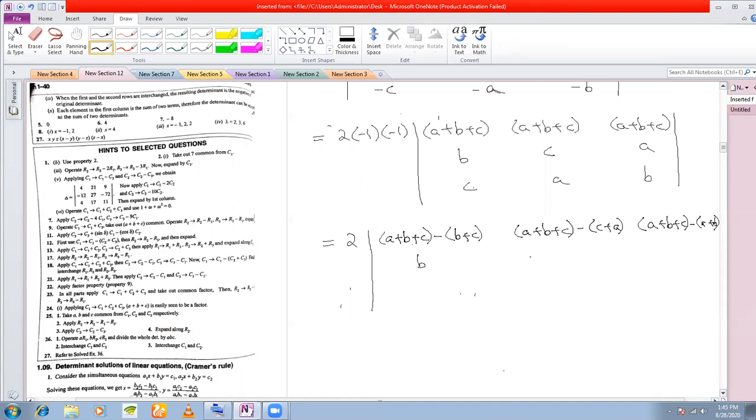And these two remain as it is. C, A, C, A, B. Okay, so this. Write the steps: subtracting the sum of second and third row goes from the first.